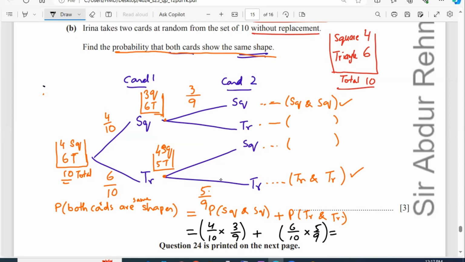So we get 12 over 90 plus 30 over 90. So it will be 42 over 90 here.